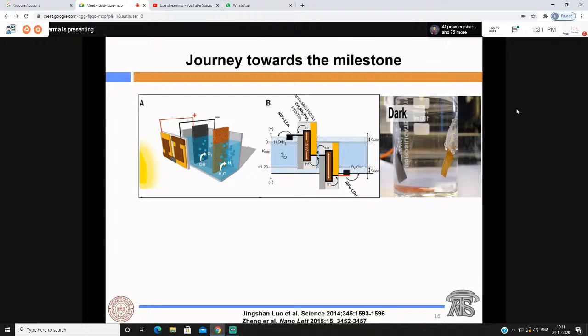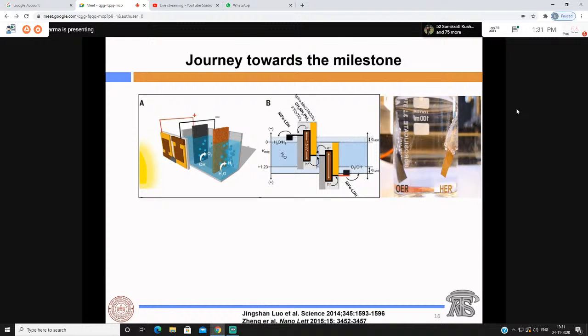So here you can see in this picture the two solar cells are kept outside, and the two electrodes, the hydrogen evolution electrode and oxygen evolution electrode, are dipped inside the electrolyte, and you can see how the oxygen and hydrogen evolution is taking place.